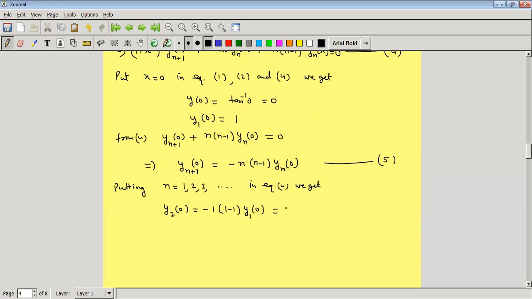So 1 minus 1 is 0, so the whole term becomes 0. So y2(0) is equal to 0. Now put n equal to 2. So y3(0) is minus 2 into 2 minus 1 into y2 at 0, and y2(0) is also equal to 0.